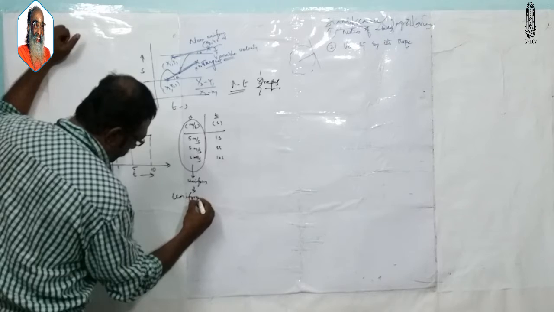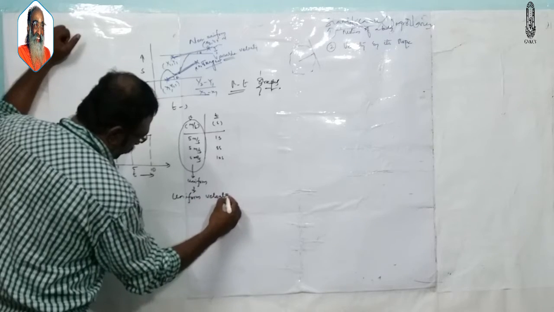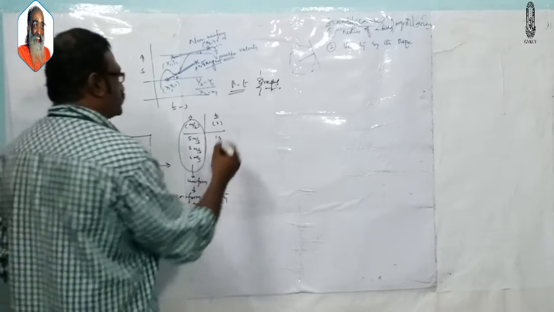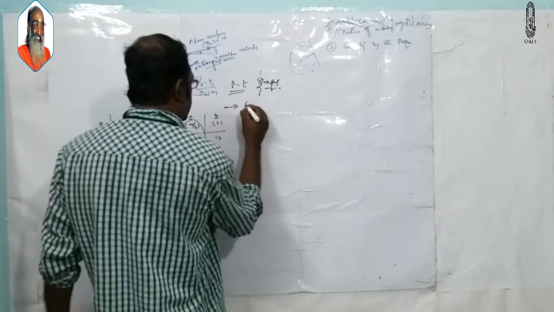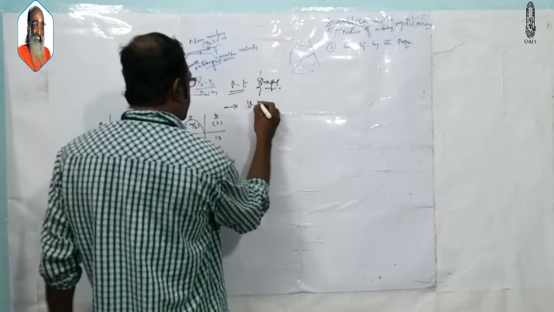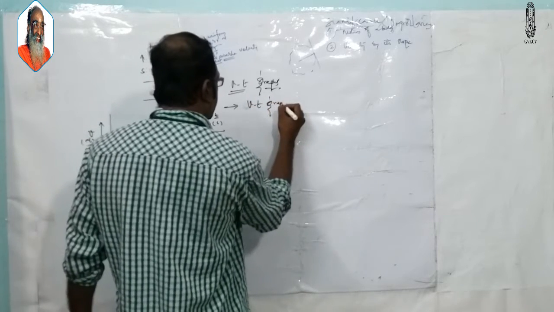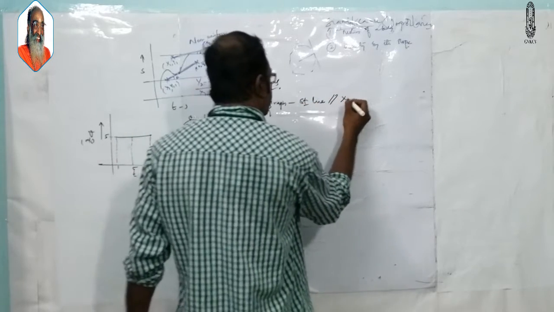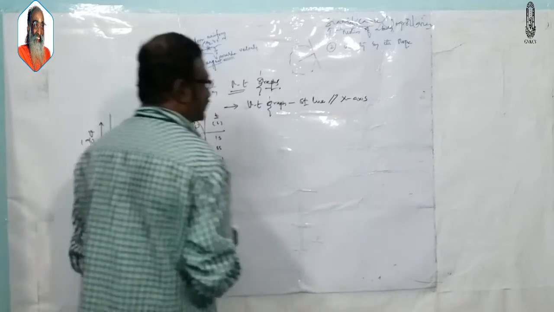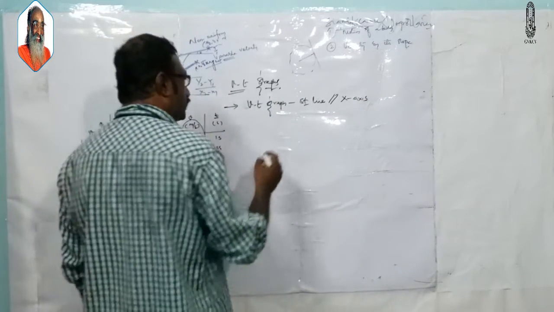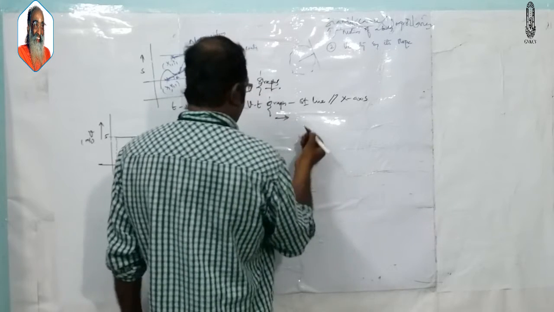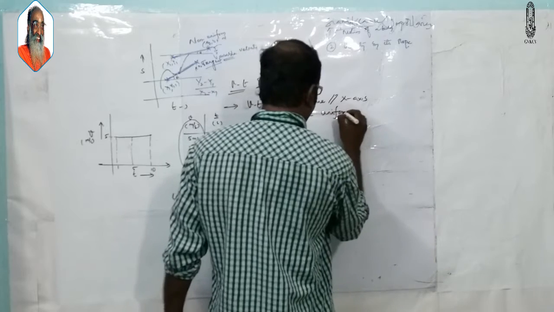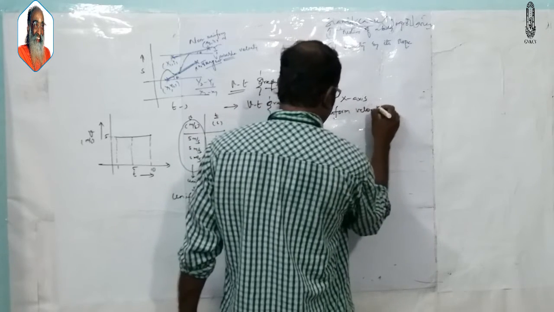From this we understood one thing: if the VT graph is a straight line parallel to the x-axis, then you can say the body is having uniform velocity.